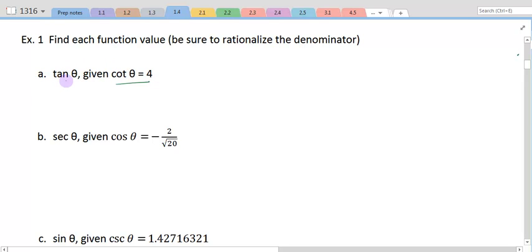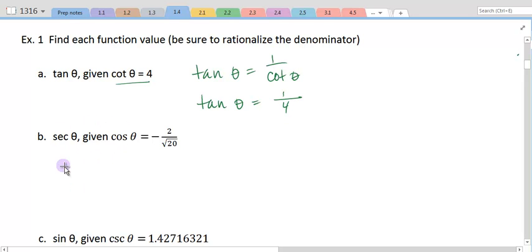Cotangent and tangent are related through the reciprocal identity that the tangent of theta is equal to 1 over the cotangent of theta. Therefore, the tangent of theta would be 1 over 4. So that's the reduced value. If the cotangent of theta is 4, then the tangent of theta would be 1/4.